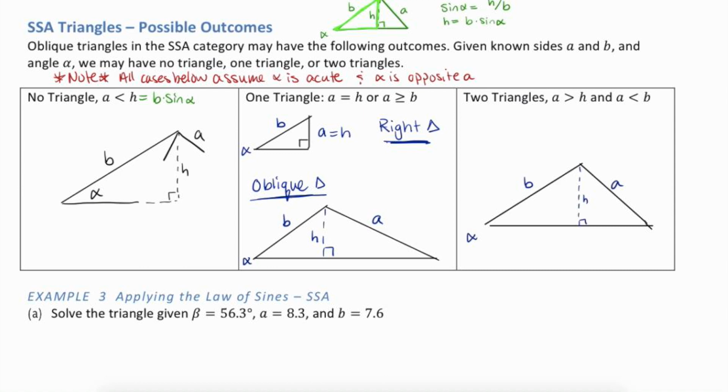But I can also place side A off to the left. So this would also be A. And in this case, this second triangle that's formed is an isosceles triangle.